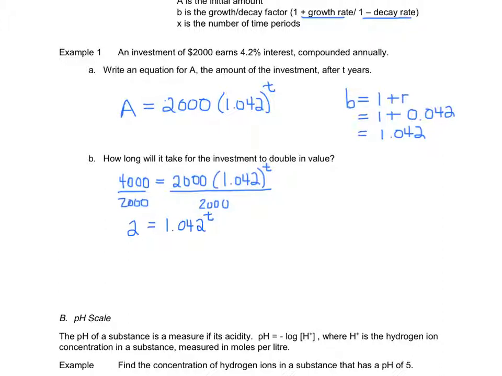So we're going to take the logarithm of both sides, and on the right-hand side we'll use the power law as well. So we'll write this as t log 1.042 all in one step. Then to get t by itself, we're going to divide both sides by log 1.042.